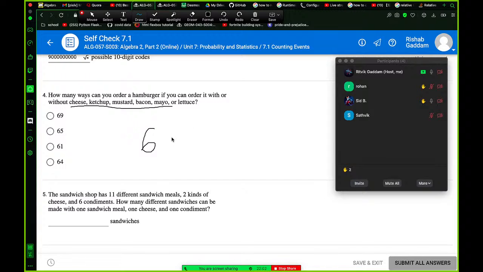Okay, yeah, 6 times 5 times 4. Actually, I don't think this is right, because it never said that you have to have 5 different... well, actually, yeah, that's right. Yeah, you're right.